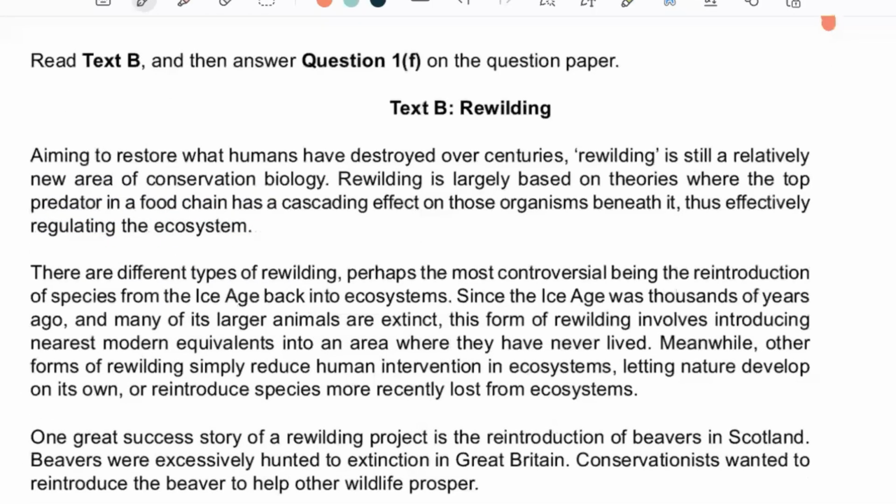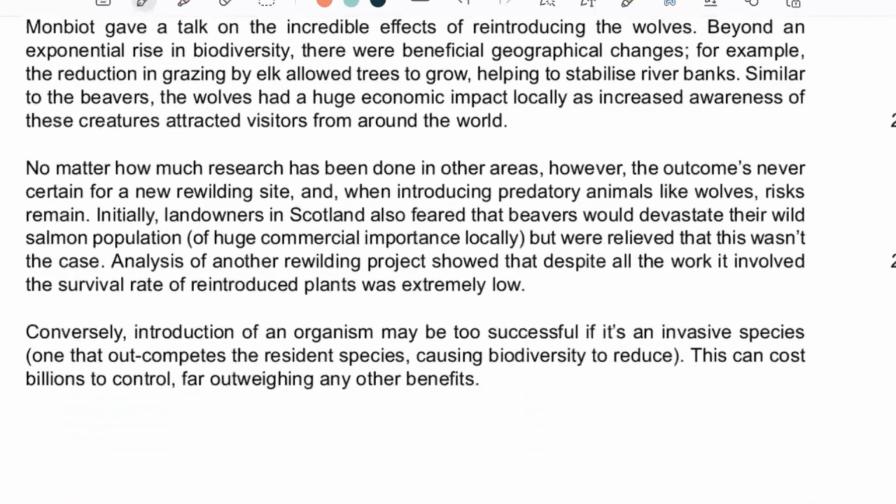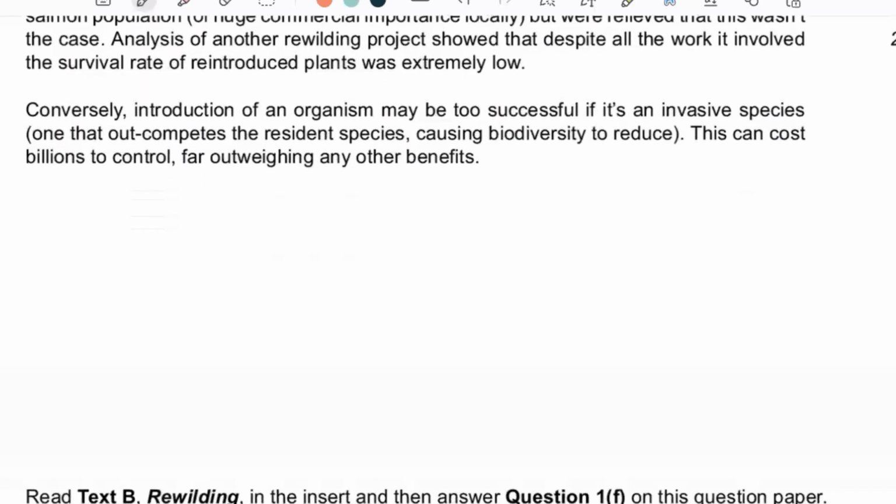This is the text, Rewilding. You can even take a screenshot of this text, read the text in detail, and then let's underline the points. Which points I underline, you'll get to know how to underline the points.